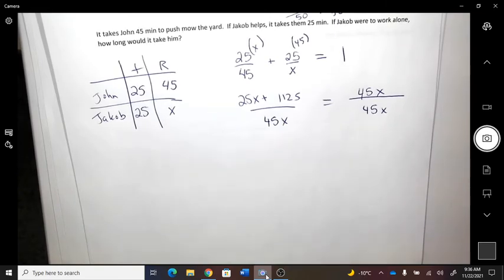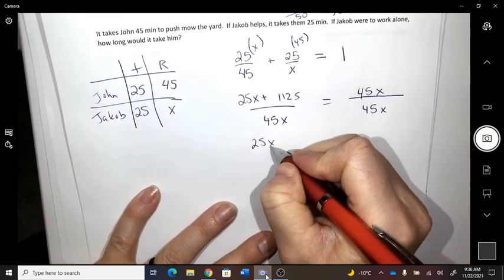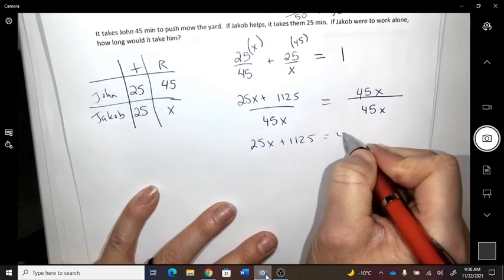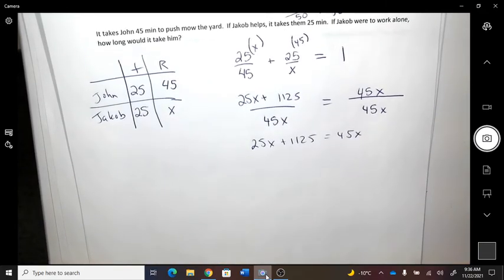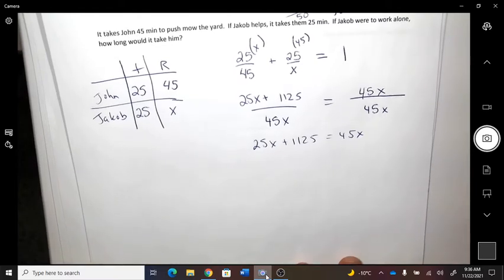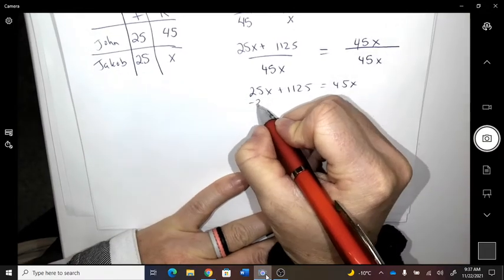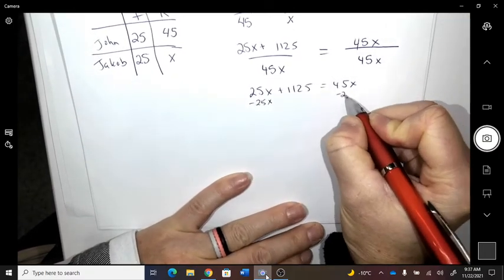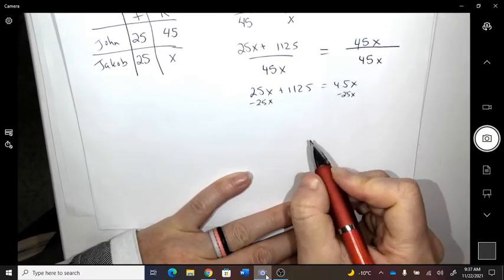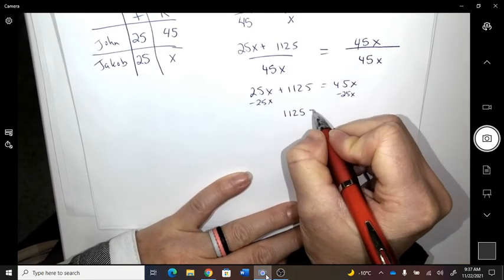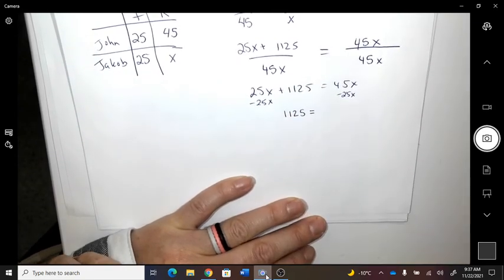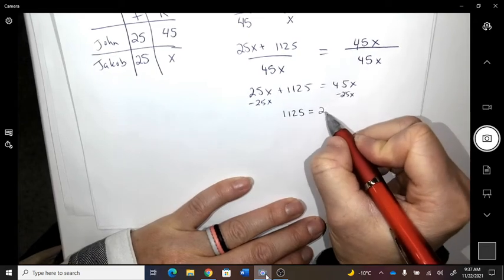Okay, now forget the bottom. The tops will need to be the same. So 25x. So there's my statement. Okay, so I'm going to minus 25x from both sides. So that will be 20x.